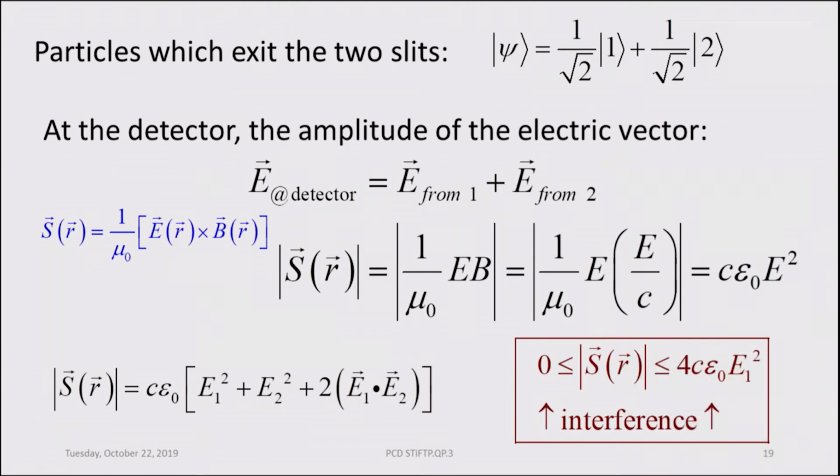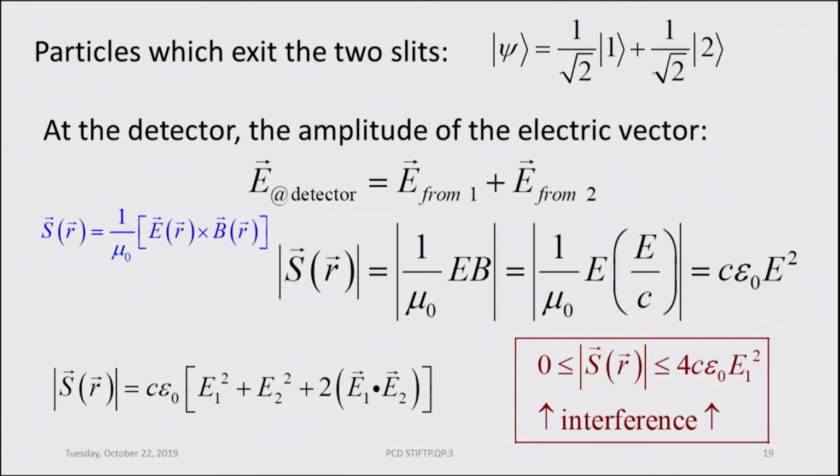And then if you determine this, you see that from the cross term E1 dot E2, you have the possibility of in phase or out of phase scalar product, because of the cosine theta depending on the phase angle of the two waves. This can go anywhere from +1 to -1, and this is what generates the interference pattern.